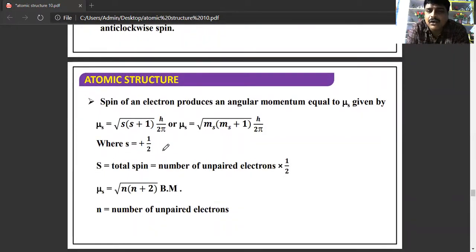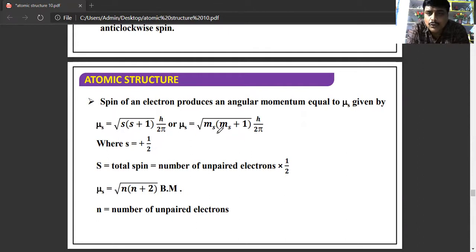The spin of an electron produces the angular momentum that is given by mu is equal to root of S into S plus 1, h by 2 pi. Here S is the total spin, that is equal to the number of electrons into half.